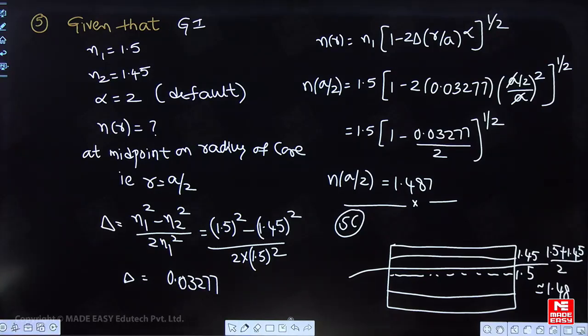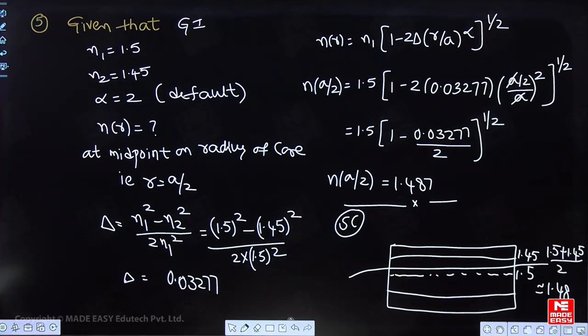So please see here. You need to tell the answer, repeating the question once again. I am repeating the question, expecting an answer from your side. A fiber glass of parabolic profile with N1 equal to 1.4, delta equal to 0.31, and it is operating at lambda equal to 1.5 micrometers.